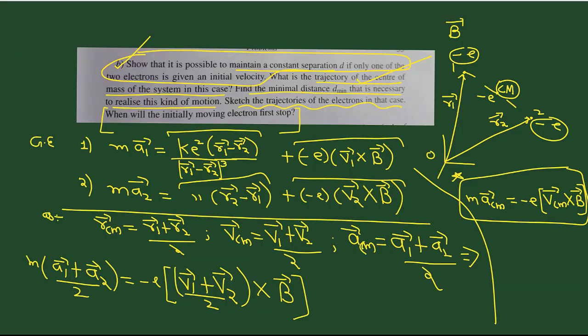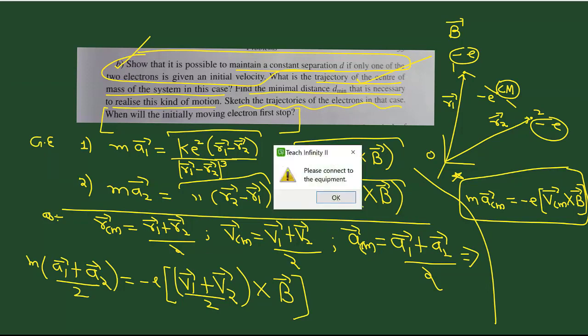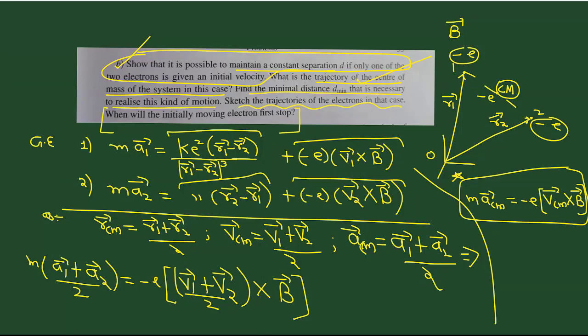And now life becomes very easy because this tells me that center of mass will move in a uniform circular motion, because center of mass is under the effect of B through this equation QV cross B, and B is perpendicular to the plane.